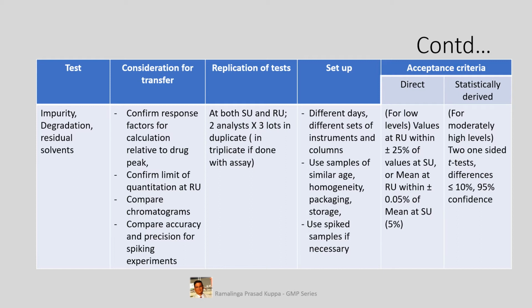Different days, different instruments and columns should be considered in setup at RU. Direct and statistically derived requirements should be complied as prescribed here. All three tables above are few examples. Depending upon the criticality of the method transfer, more elaborate evaluation may be made. But this model works very effectively.